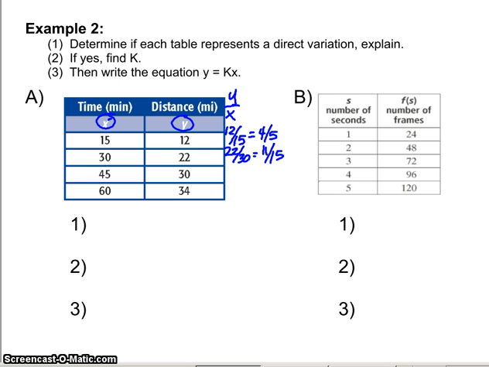Now right away, you're going to have a k value only if this amount repeats through all of the information given to you. And clearly, just on the second try, these two do not equal each other. You cannot have a direct variation. You cannot have a constant of proportionality if you don't have the same rate. Therefore, this is not a direct variation.